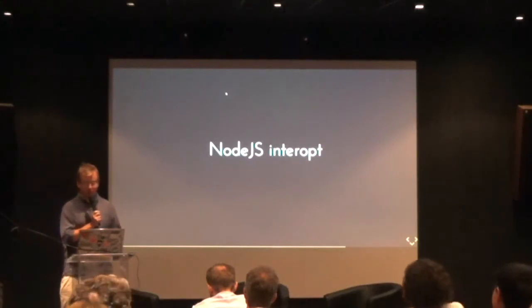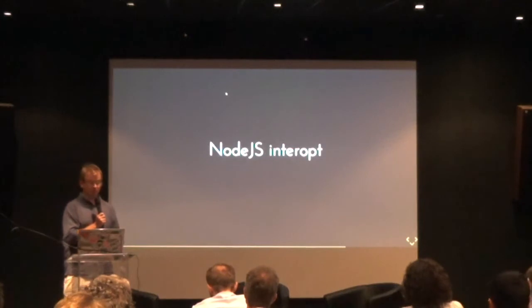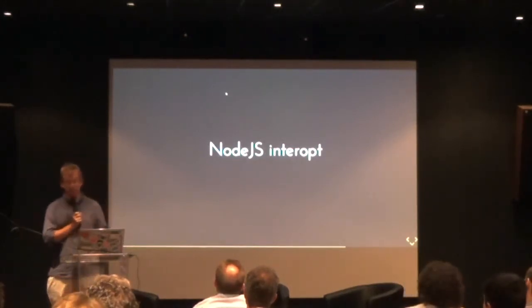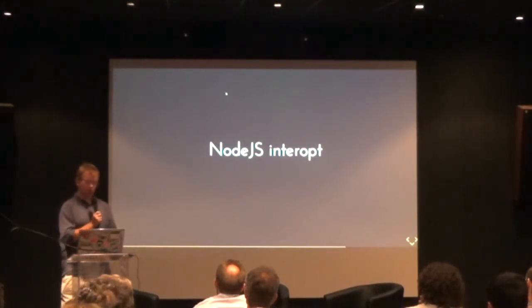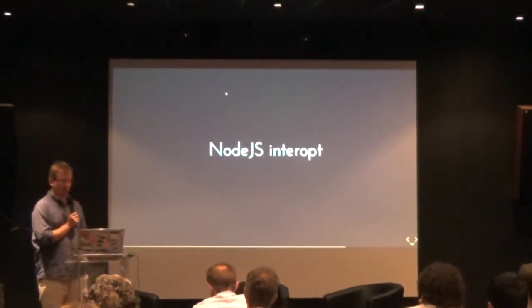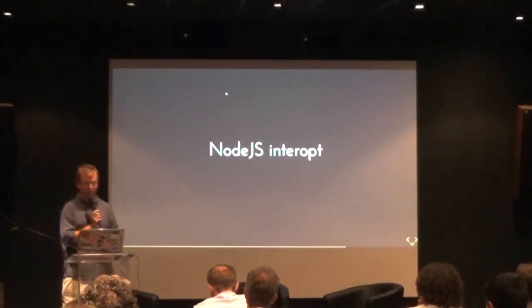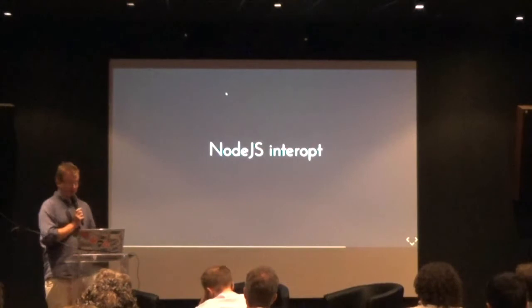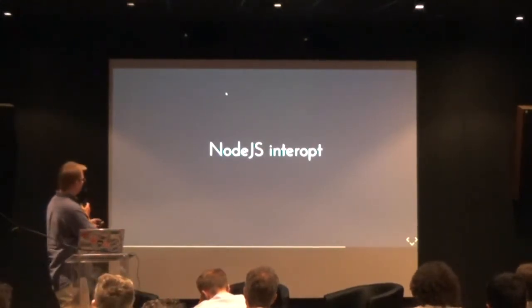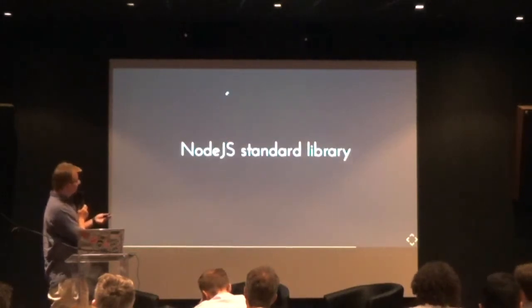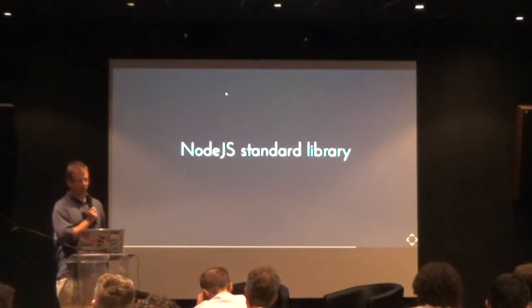Another really important thing for us is Node.js interop, because Visual Studio Code is an Electron application. Visual Studio Code is using Node.js and has access to all Node.js APIs, like child process or file system or path, etc. So Node.js interop is super important for us in two cases. First of all, we have access to the Node.js standard library, so we can spawn an external process.